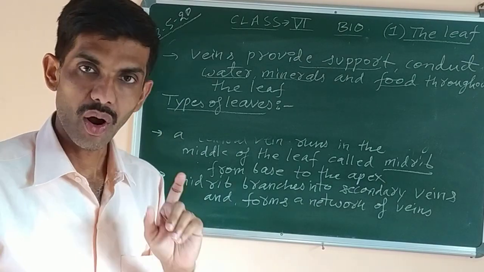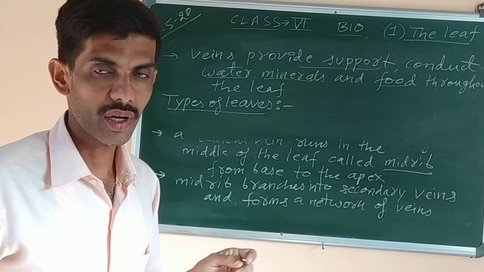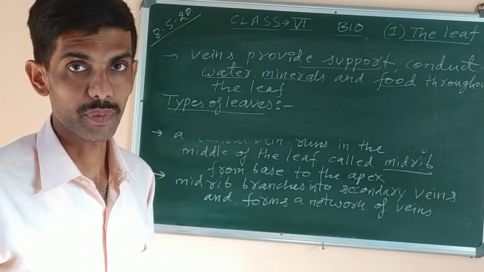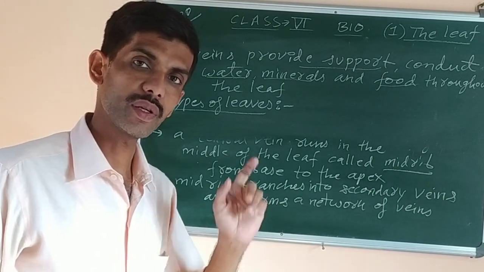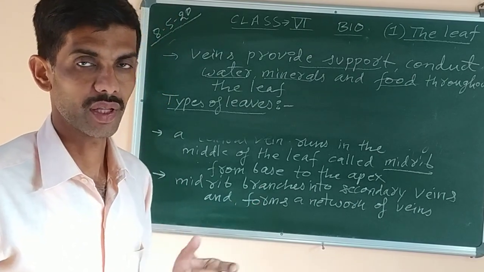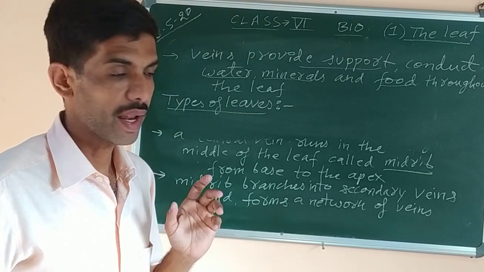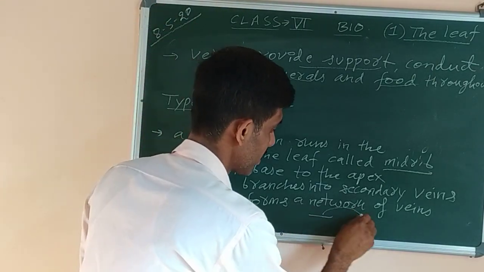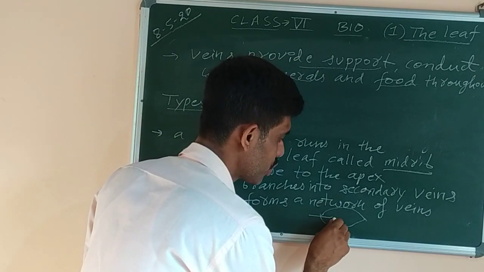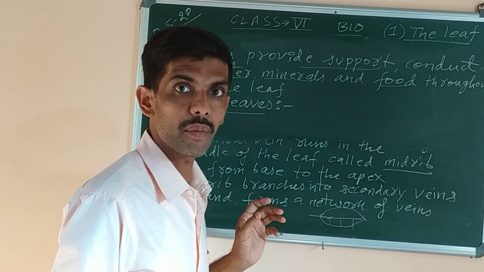If the leaf blade or lamina is not divided, it is called a simple leaf. Even if it is divided but the divisions do not reach the midrib, then also it is a simple leaf, like in grape. But when the lamina or the leaf blade is divided into many smaller leaves, then it is called a compound leaf.